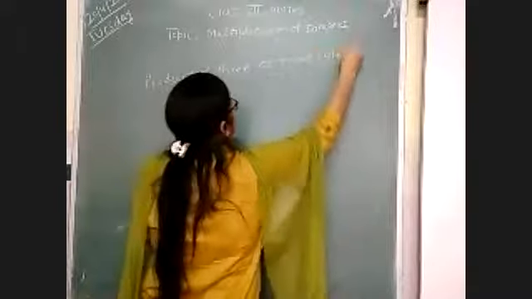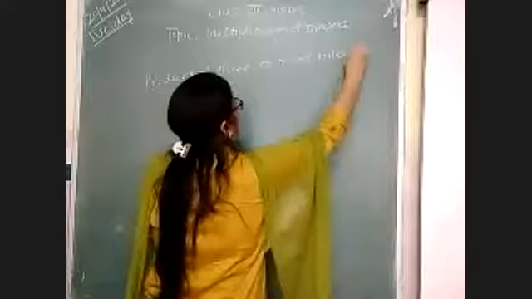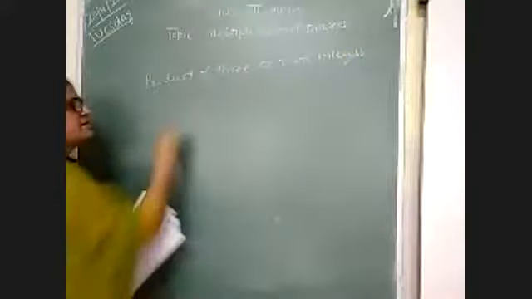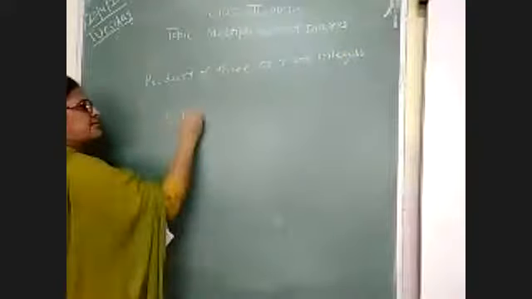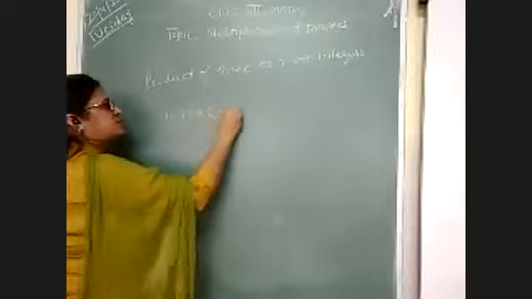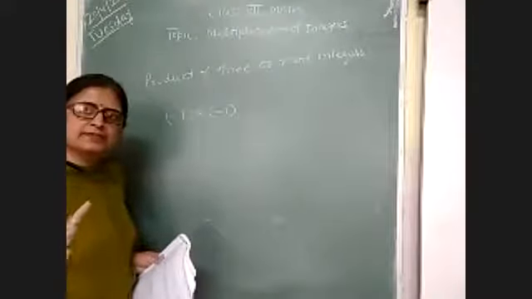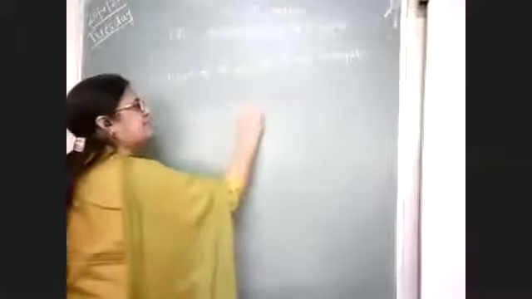And the sign is given different. For example, minus 1 multiplied by minus 1. These are the 2 integers. First, I am taking 2 integers. Minus 1 multiplied by minus 1, there comes out plus 1.